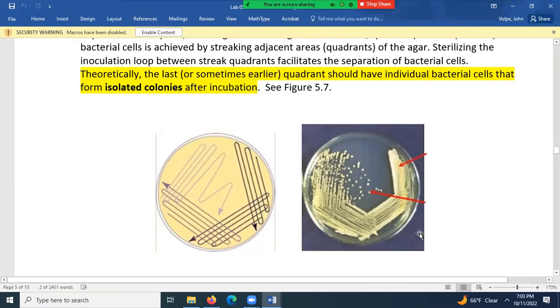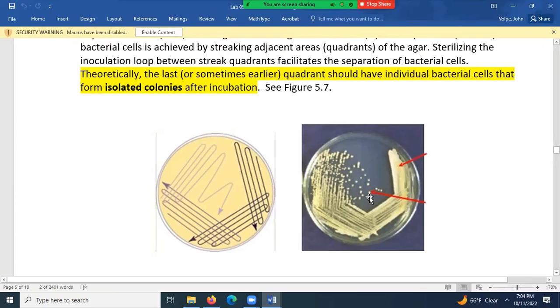You then take from one isolated colony, and then you streak it out again on another plate to get isolated colonies.